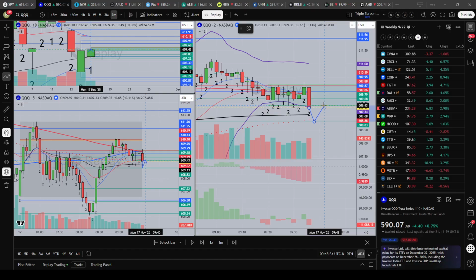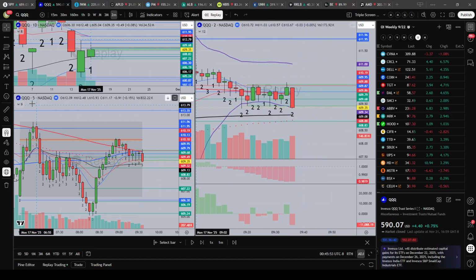Push up. If it can't reclaim that level, then we're going to take this breakdown to the bottom side. If I'm going to go short, this is what I want to see. What I do not want to see is this. Okay, so let's see what happens here.